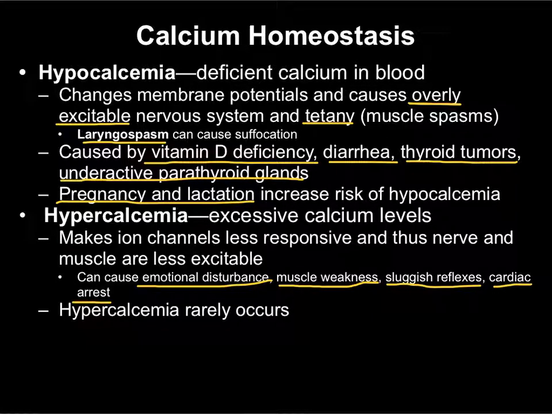So hypercalcemia is only really going to occur in people who have a severe hormone imbalance, like people who have a parathyroid tumor that is oversecreting this hormone that causes calcium to come off the bone and enter into the blood, or in people who have kidney failure and are unable to excrete calcium through their urine.